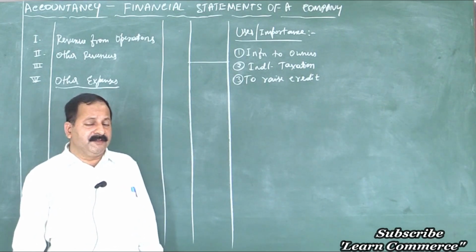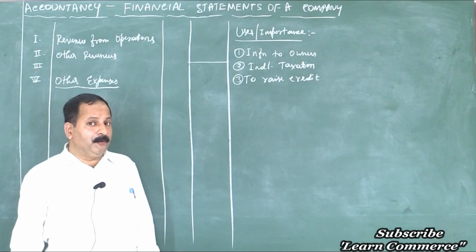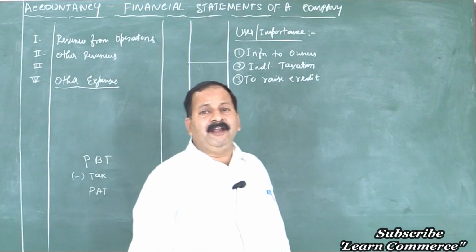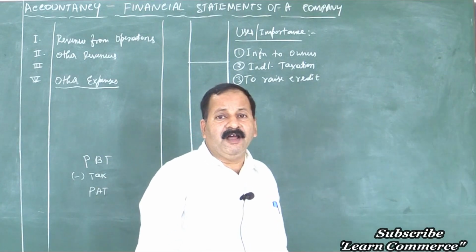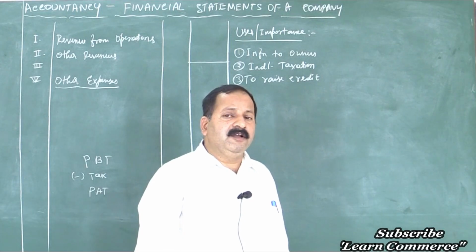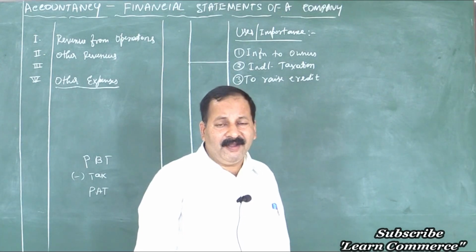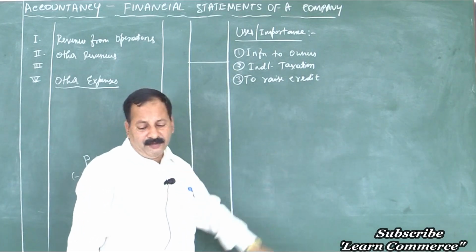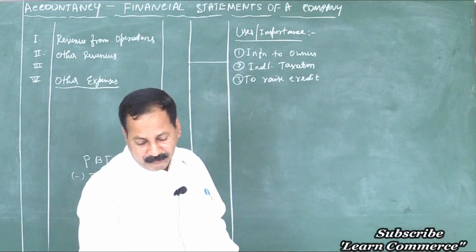They should be placed in a shareholders meeting and approved by the shareholders, all these things are there. So the balance sheet and statement of profit and loss will be demanded by the banker or the financial institution to provide credit facilities. So this will help to raise credit from financial institutions. This is the third point to be noted.